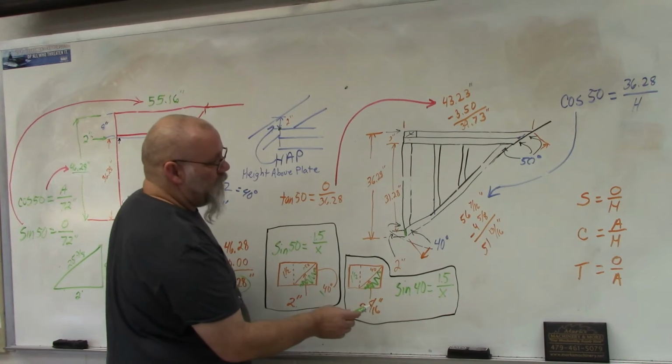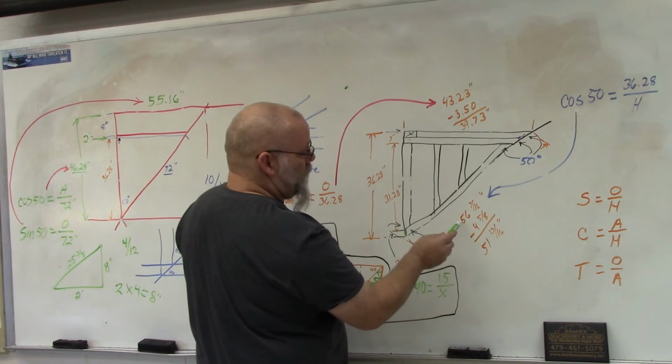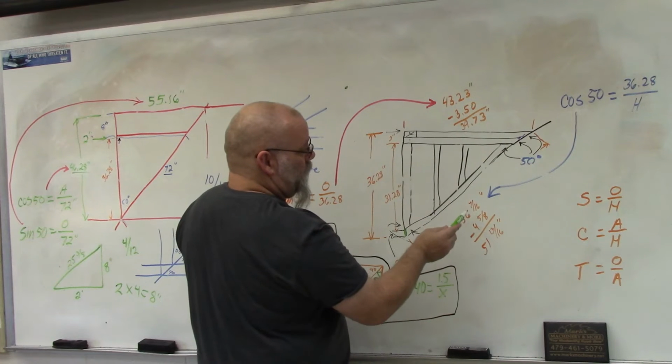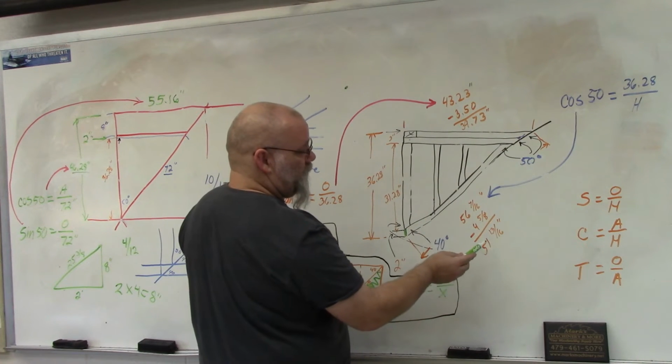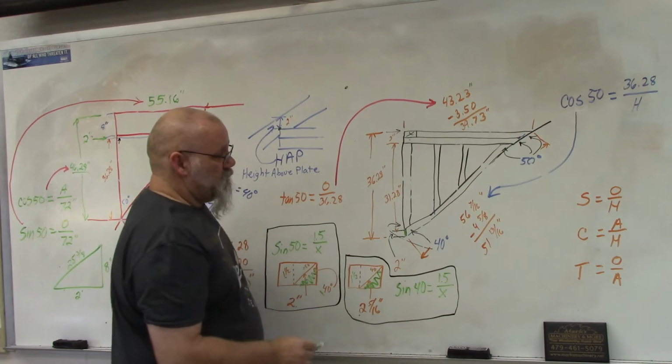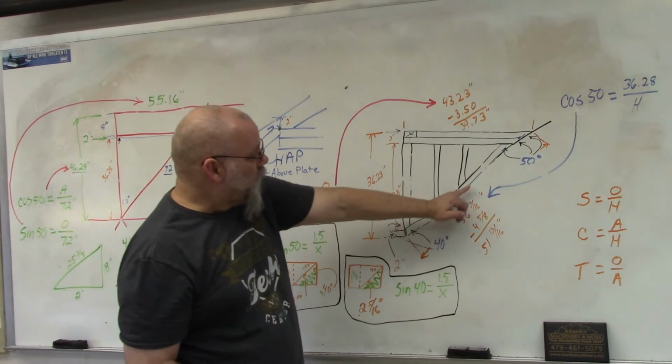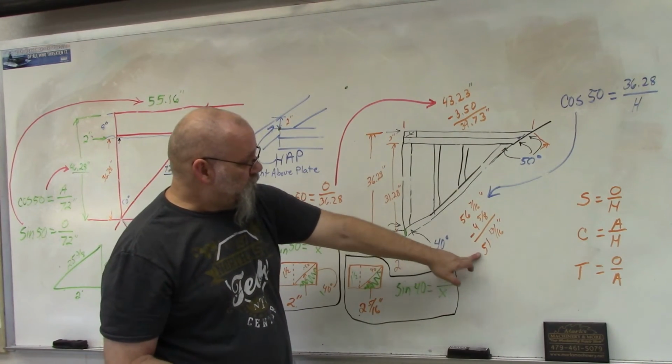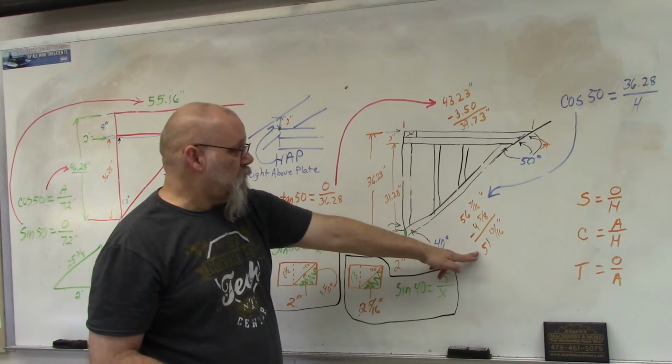I double that to 4 5/8, subtract it from 56 and 7/16, which gives me 51 13/16. So this bottom plate right here will be cut at 51 13/16.